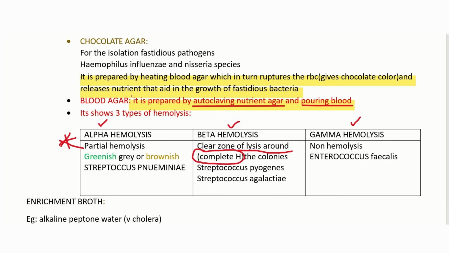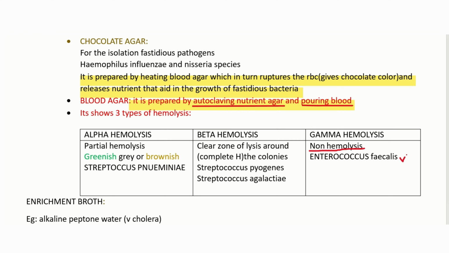And the other one is alpha hemolysis. Alpha hemolysis is the partial hemolysis, and it shows a greenish gray or brownish zone around the colonies. The example is Streptococcus pneumoniae. And the other one is gamma hemolysis. Gamma hemolysis means no hemolysis.